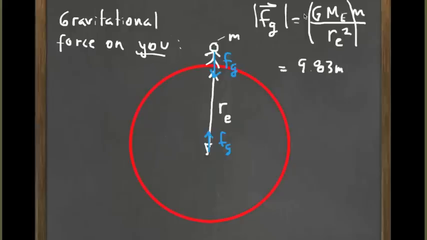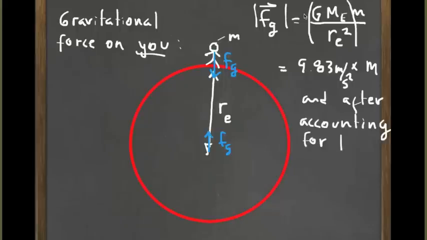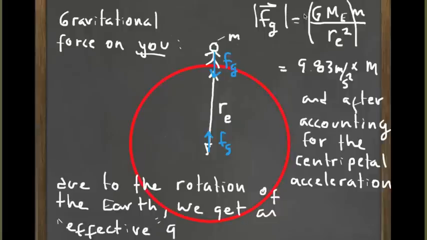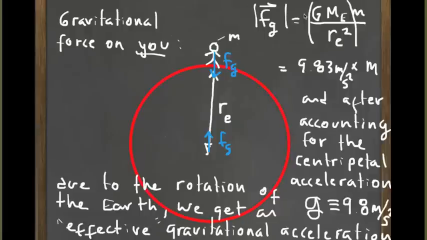The quantity in parentheses, if you input the mass of the Earth, the radius of the Earth, and G, you get 9.83 meters per second squared. Then this multiplied by the mass gives you the gravitational force on your body. Now if you correct for the fact that the Earth is spinning and you're spinning with it, so that you have a centripetal acceleration due to the rotation of the Earth, then you can get an effective gravitational acceleration equal to 9.8. This is the number that we're going to be using in this class.